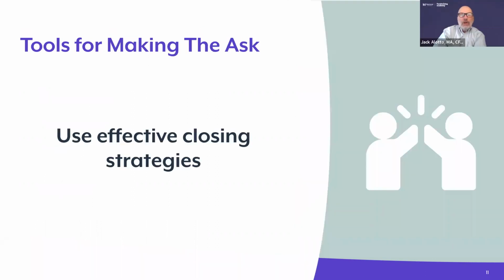Great. So now we're going to talk about some tools that we have around the ask. And the first tool that I love and I want to really emphasize is to be assumptive. When you enter into a conversation meeting with a prospect, have a positive expectation for success.